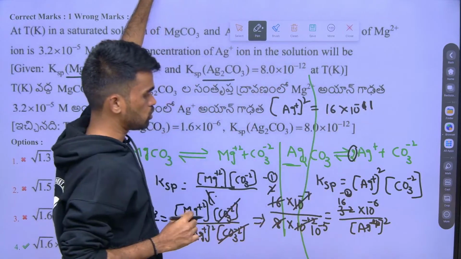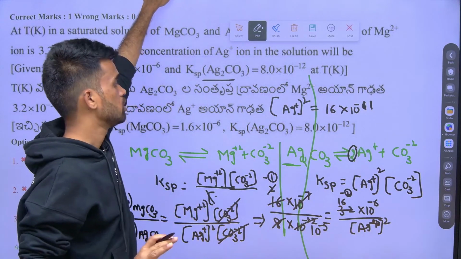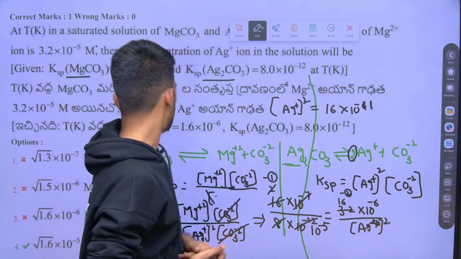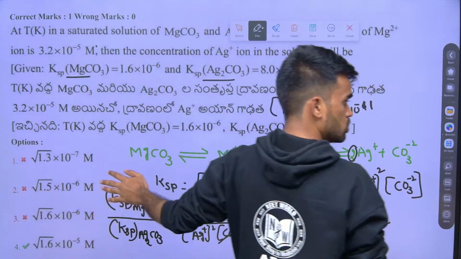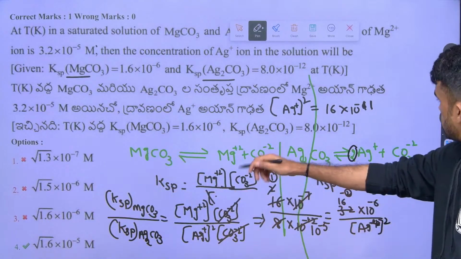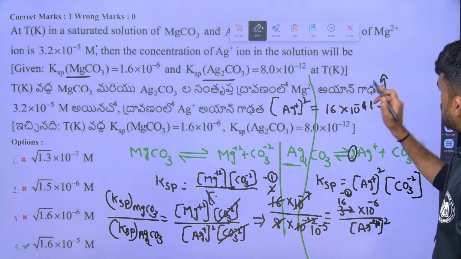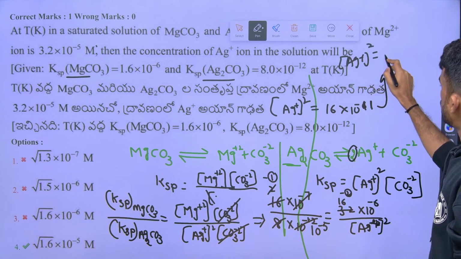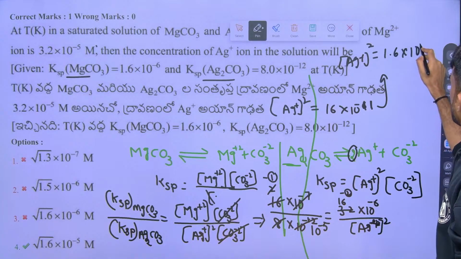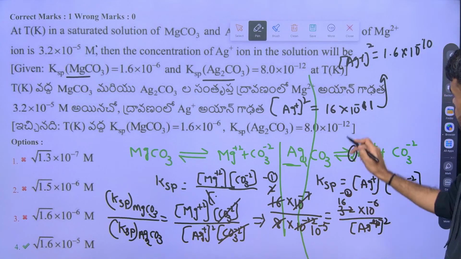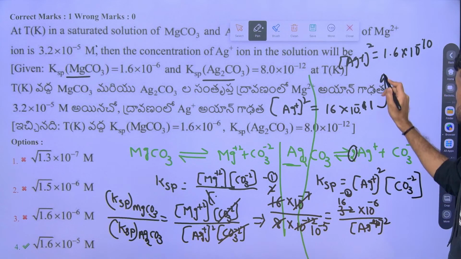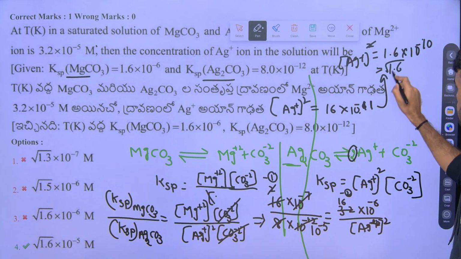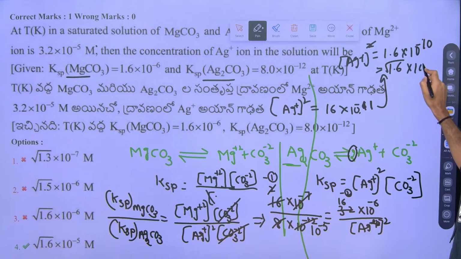Up to here it is also clear now. In order to make this more clear, depending upon the options, I just want to convert into options format. So I am taking this as Ag plus square equals 1.6 into 10 power minus 10. So now by sending this 2 from here to here, it will become root 1.6 into 10 power minus 5.